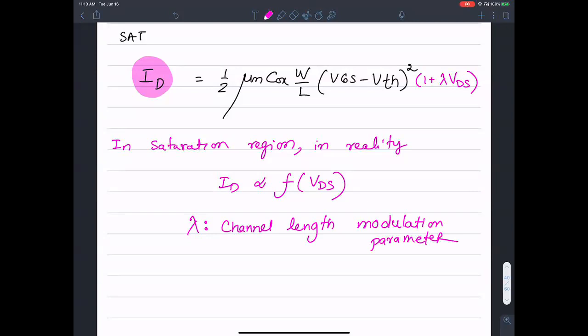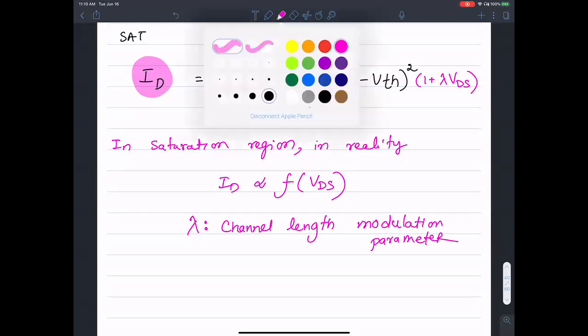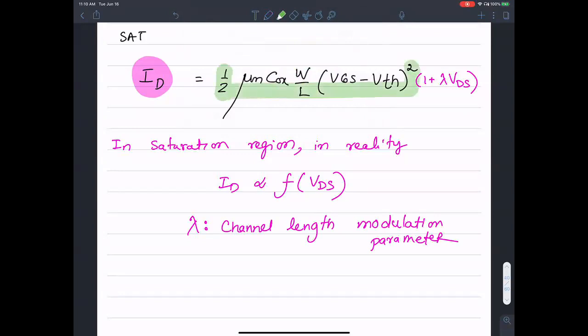So you can think about it: the relationship here appears more or less linear. Let's assume that everything inside the green highlight is constant. So as VDS goes up, ID has to go up because that's the equation, and it goes up in a linear fashion.